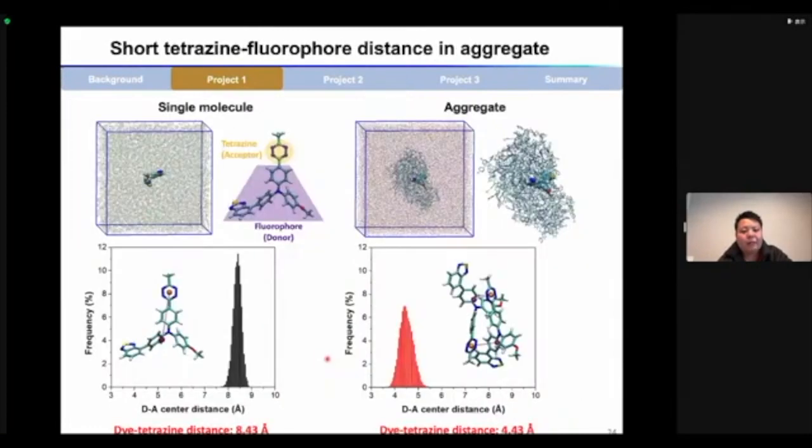After I could observe the emission quenching enhancement upon the aggregation, I conducted MD simulations to check whether the fluorophore-tetrazine distance becomes shorter upon the aggregation. I conducted a single molecule MD and an aggregate MD, and we could see that upon the aggregation, the tetrazine-dye distance is getting shorter.